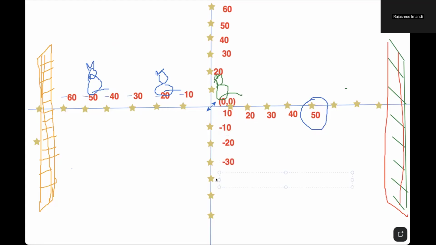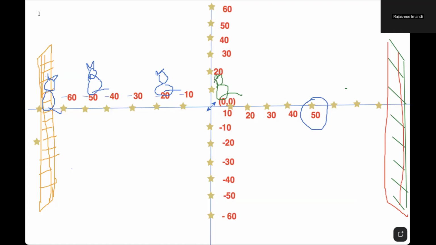Now, when it has gone beyond 70, what happened? It has gone there. Now, what happened? Okay, it has moved. After it has gone to the wall, I will change the color now. So then you will have a better understanding.